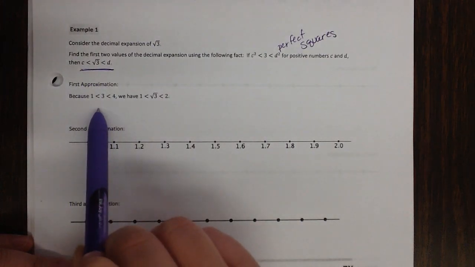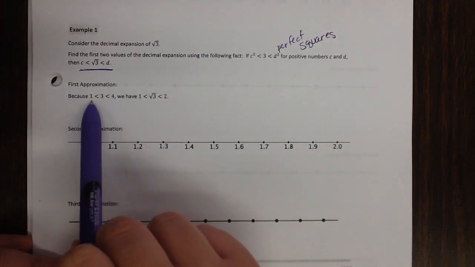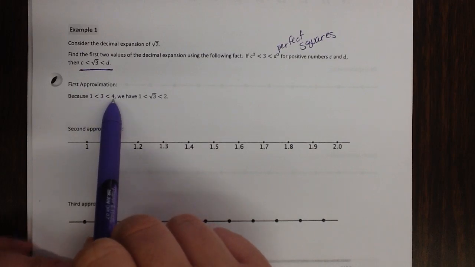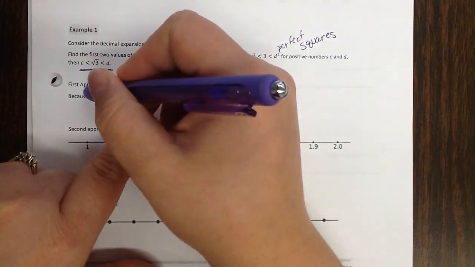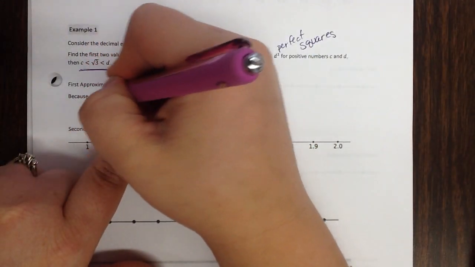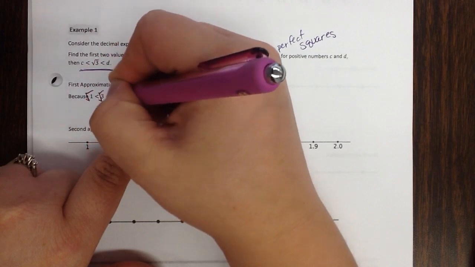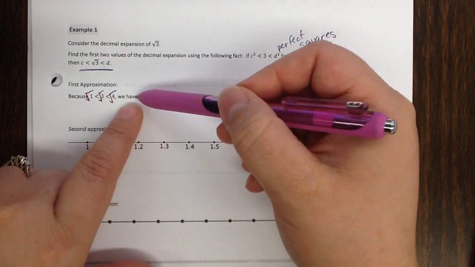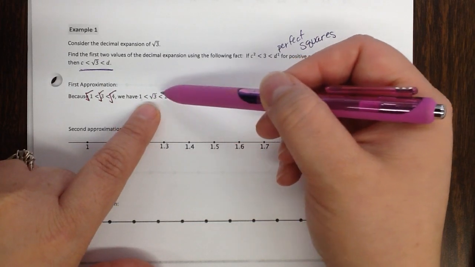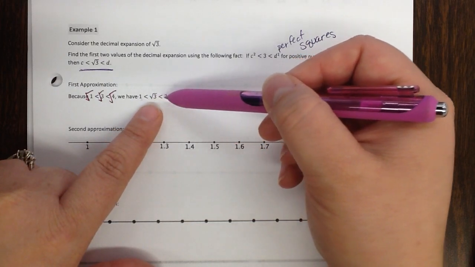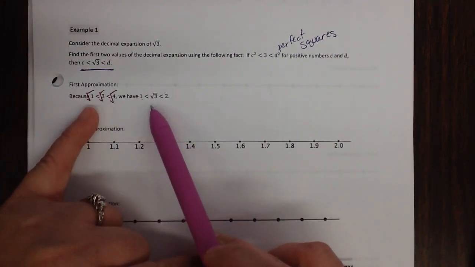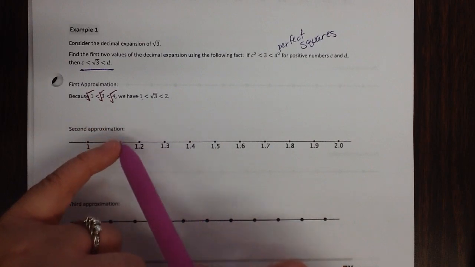So down here, because 1 is less than 3 and 3 is less than 4, these are perfect squares, and we would square root all of them. So then we would have 1 is less than the square root of 3, and the square root of 3 is less than 2. So this is our first one, we're seeing what two whole numbers it's between.